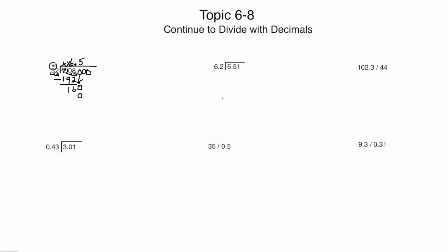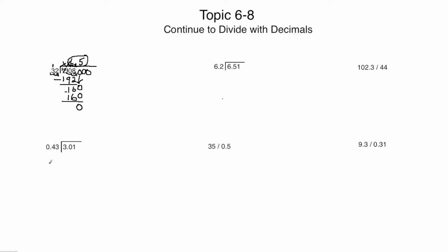Carry the 1. 5 times 3 is 15, plus 1 is 16. 160 minus 160 is 0. So it terminates. And our new quotient is 6.5, or 6 5/10.